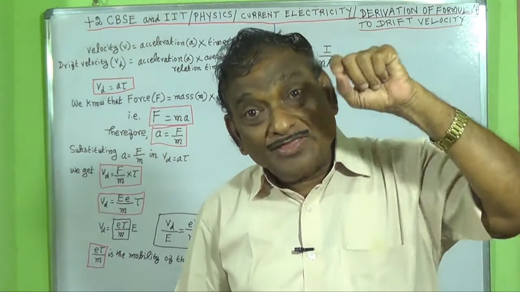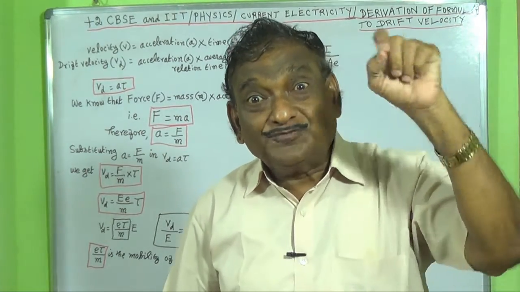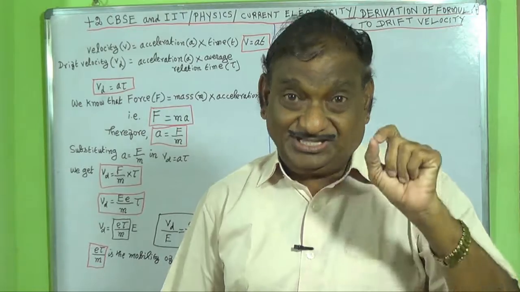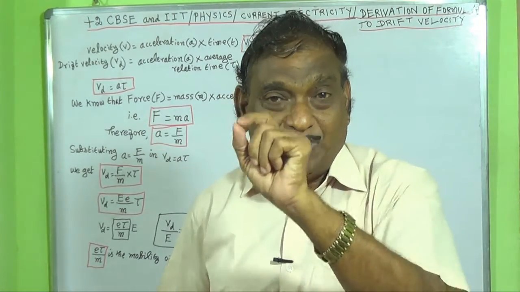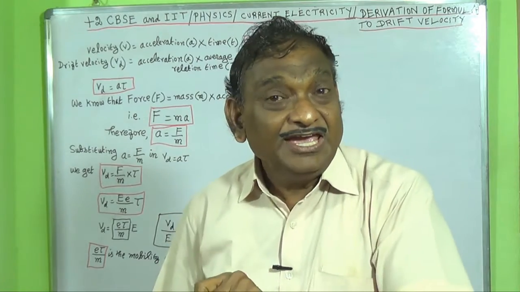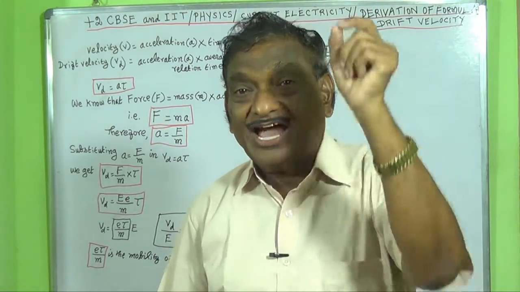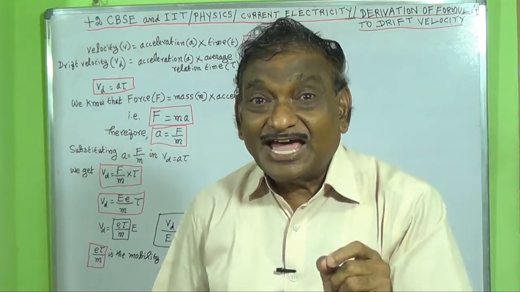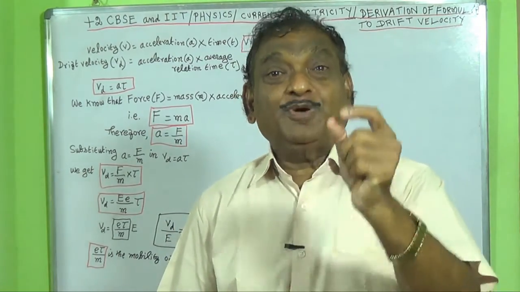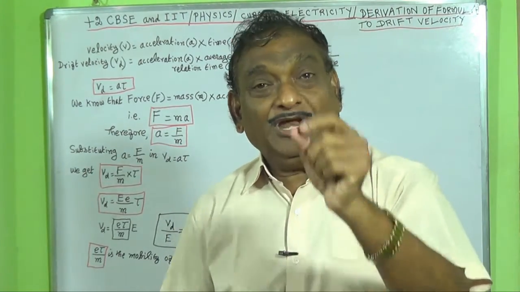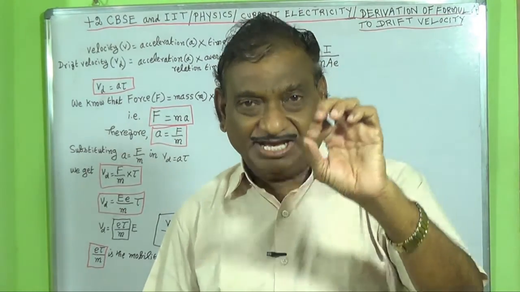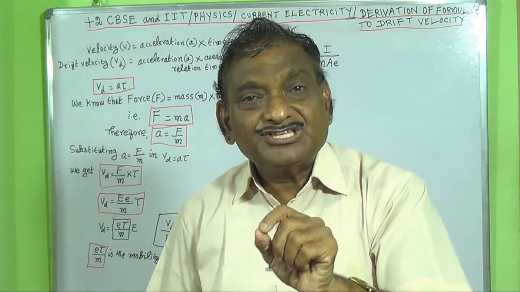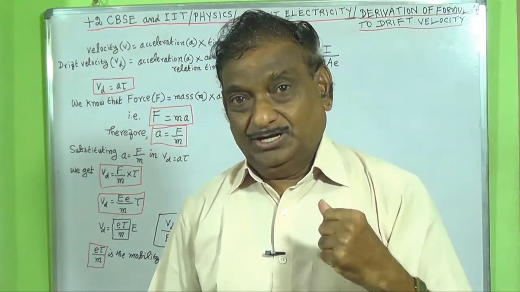There is also another formula for the drift velocity, that is drift velocity Vd equal to I by nAe. Here I is the current, n is the number of electrons per unit volume, A is the cross-sectional area of the conductor, and e is the charge of an electron.